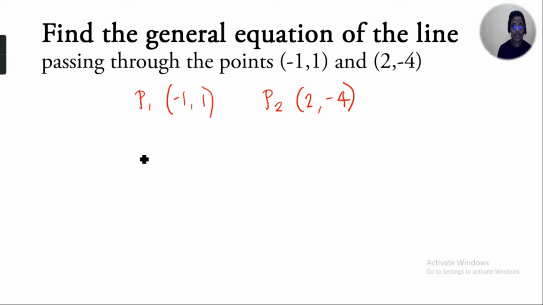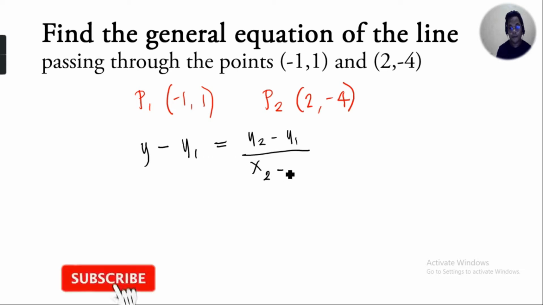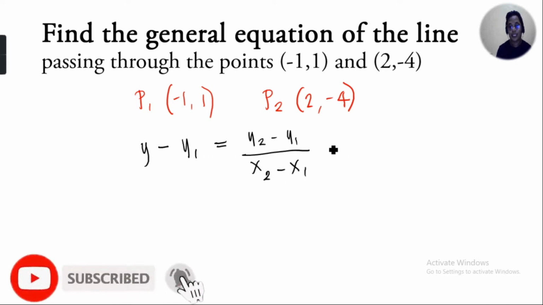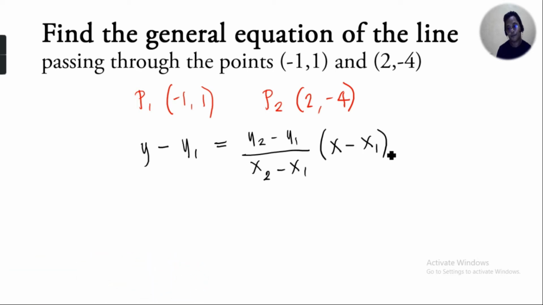So we're going to use the formula, or the equation, y minus y sub 1 is equal to y sub 2 minus y sub 1 over x sub 2 minus x sub 1 times the quantity of x minus x sub 1.